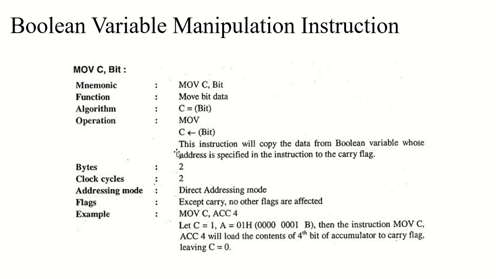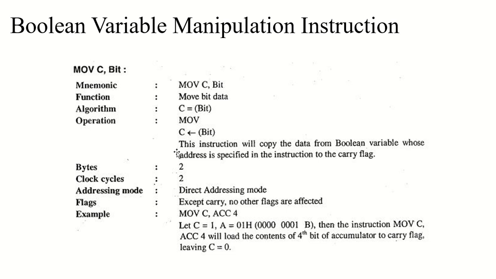If it doesn't make sense, it will make sense when we take the example, but before that, let me tell you, the instruction will contain 2 bytes, 2 clock cycles, and it will always operate in the direct addressing mode. And again, only the carry flag will be affected, and of course it makes sense because you are working with the carry flag here, right?